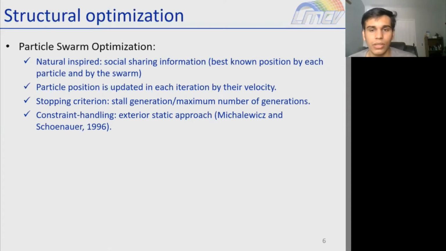At each iteration, the position of each particle is updated, taking this stored information into account. We adopt the stopping criterion as the maximum number of generations and the stall generations. And the constraints are handled by a stereostatic approach.